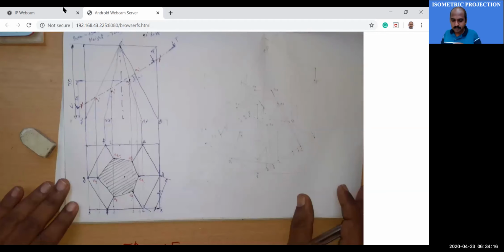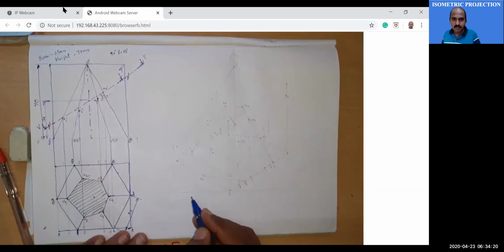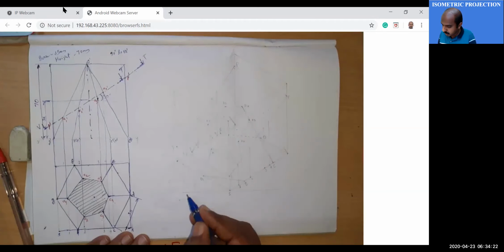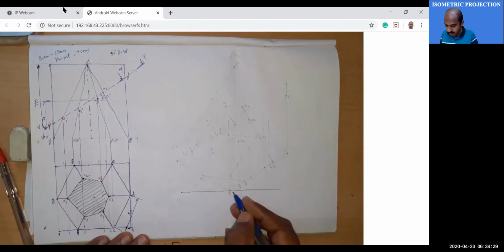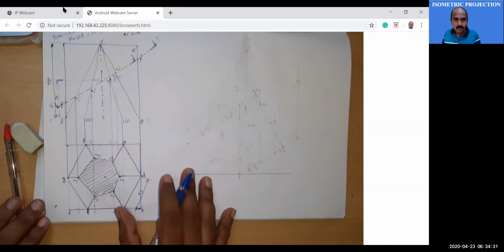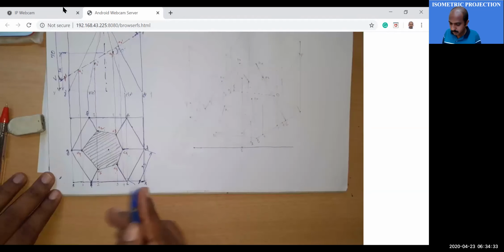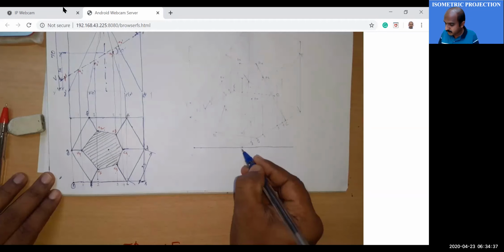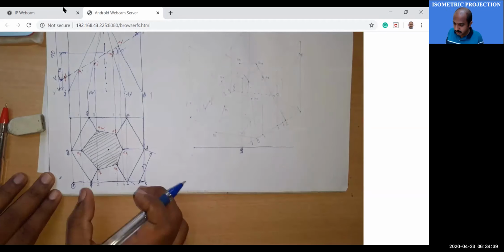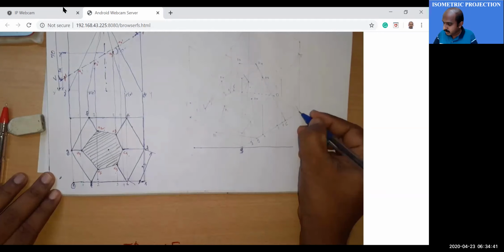Now we are coming to the isometric view. Initially you draw a horizontal line on this point. This will be capital S. You measure this distance, and this is 30 degree.